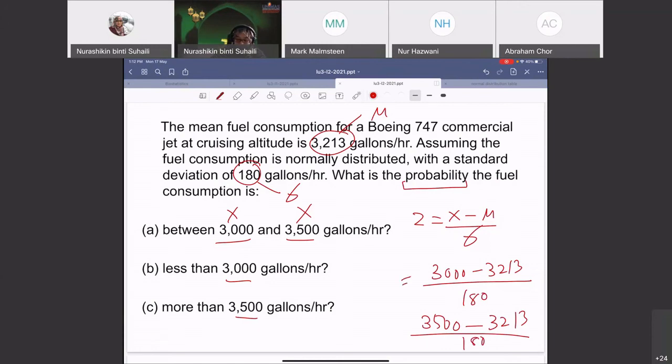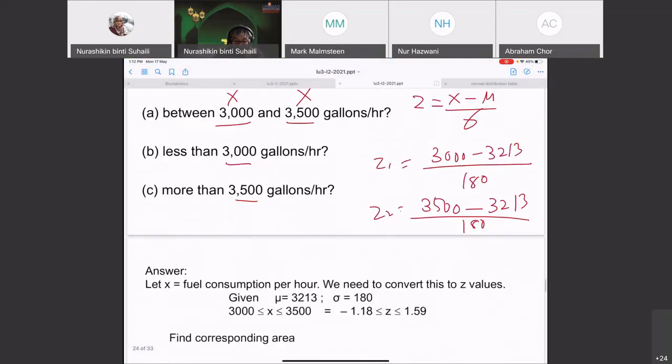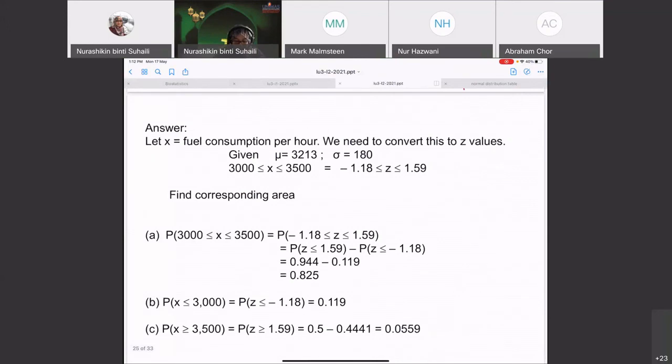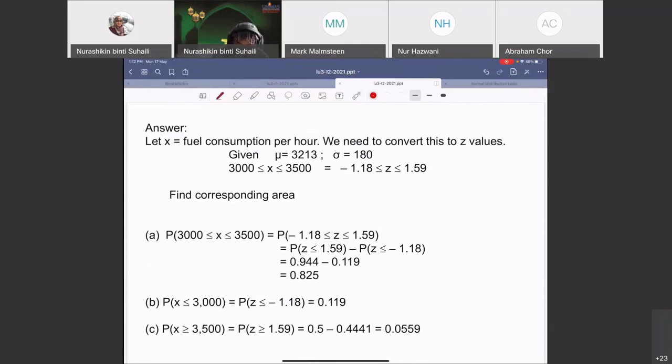So you will get Z1 and Z2. These are the values that you will get after you transform it into Z.